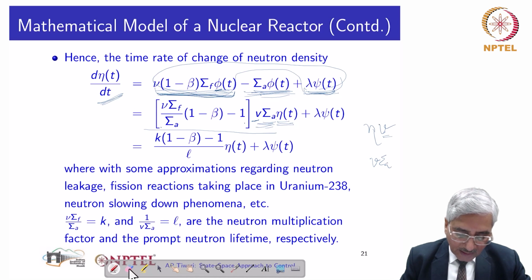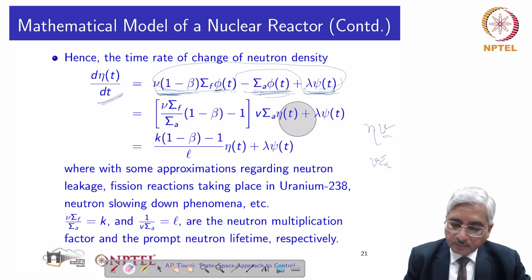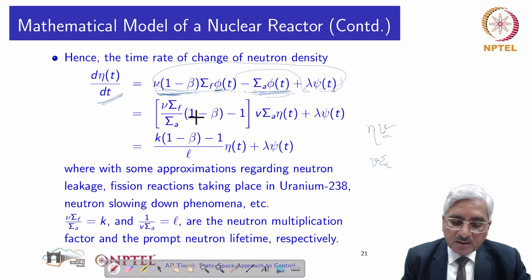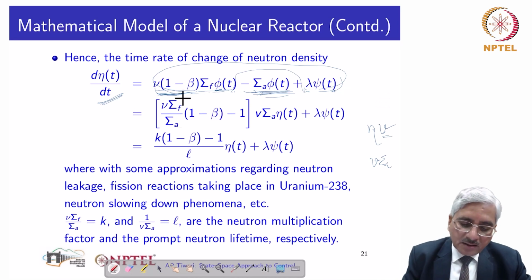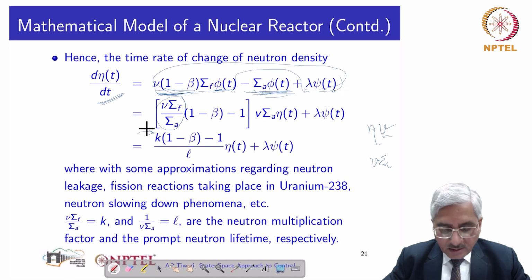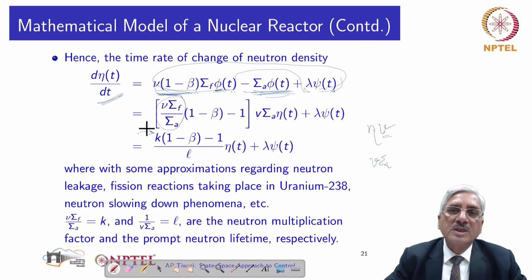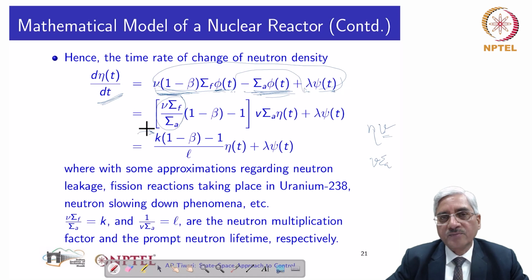So it is written like this: nu sigma f by sigma A times (1 minus beta) minus 1, and this we are denoting by K. It is slightly different from what is called the effective multiplication factor. We have made some other approximations, as we are not considering leakage.